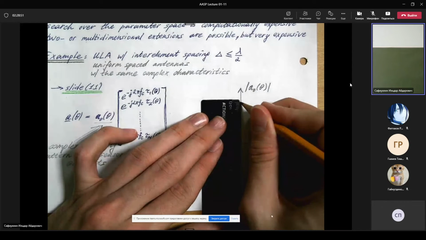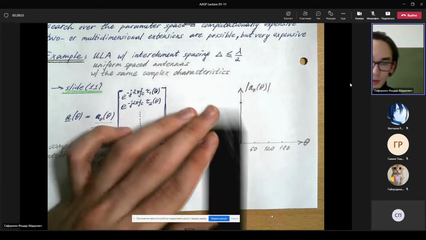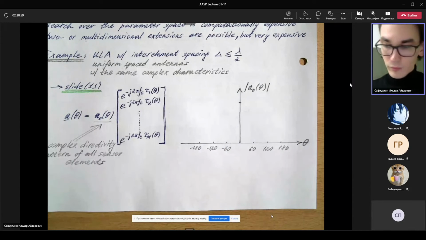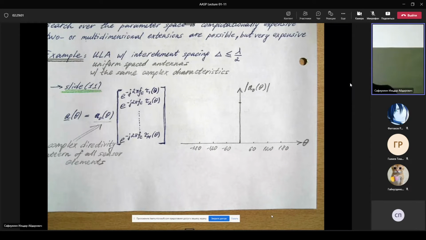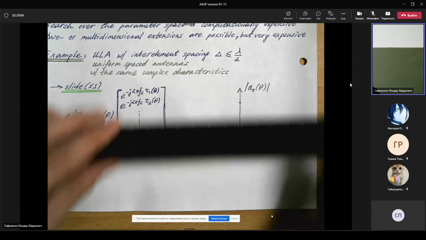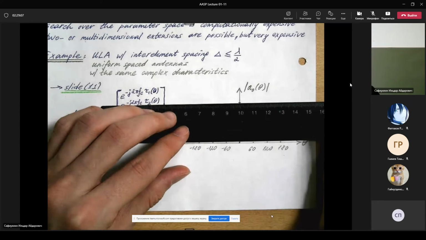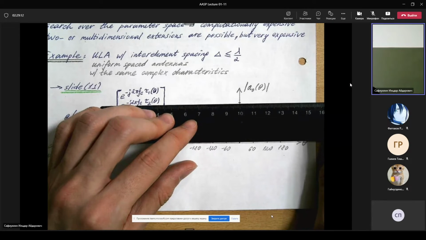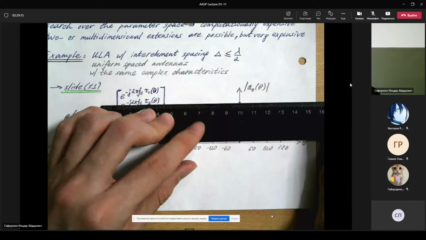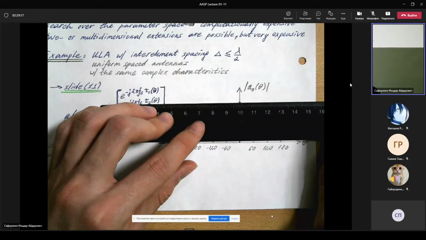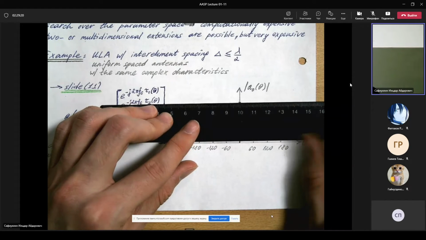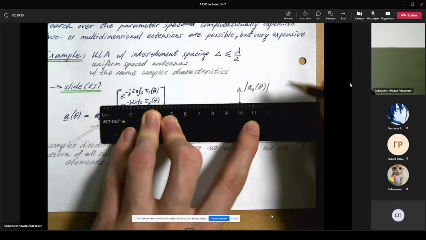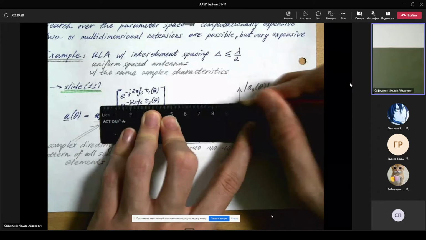First, I will start with the omnidirectional complex directivity pattern. I will show it with brown color. And this one means that for each value of theta, we will have the same value of the complex directivity pattern.